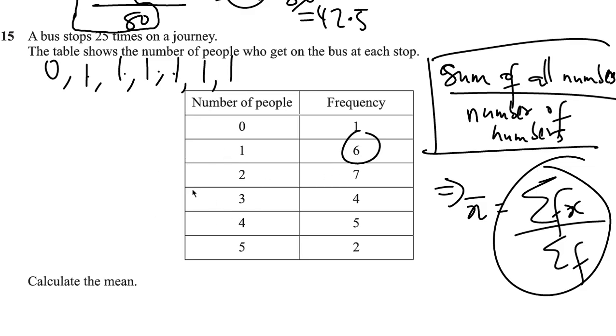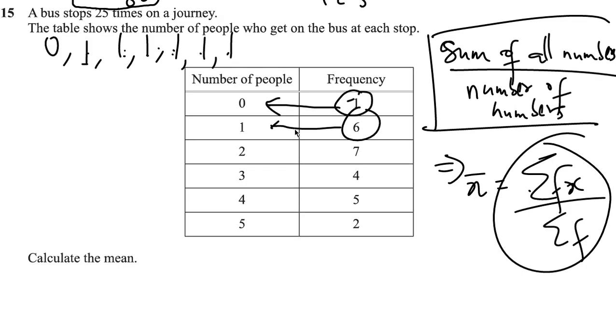In order to minimize that stress, all we simply need to do is the summation of the frequency times the variable. That's 1 times 0, plus 6 times 1, because 1 plus 1 plus 1 plus 1 plus 1 plus 1 is 1 times 6. So there's no need for that stress. I just want you to understand.